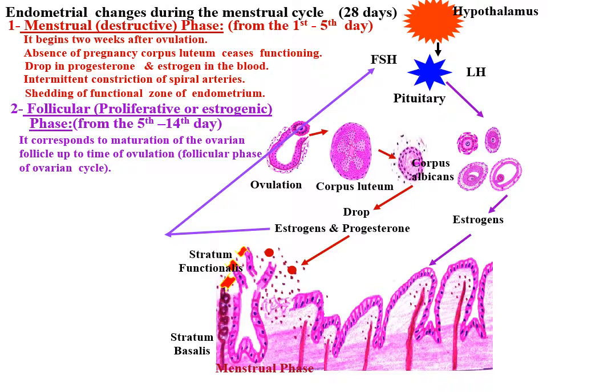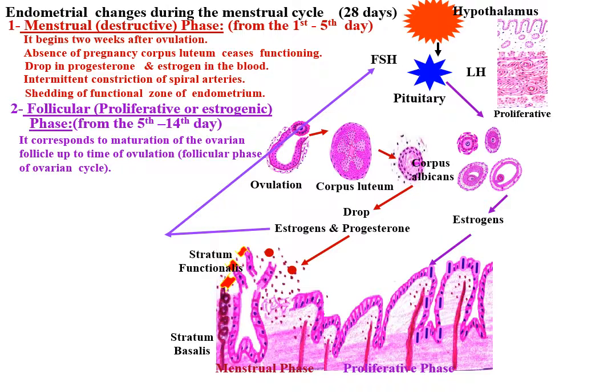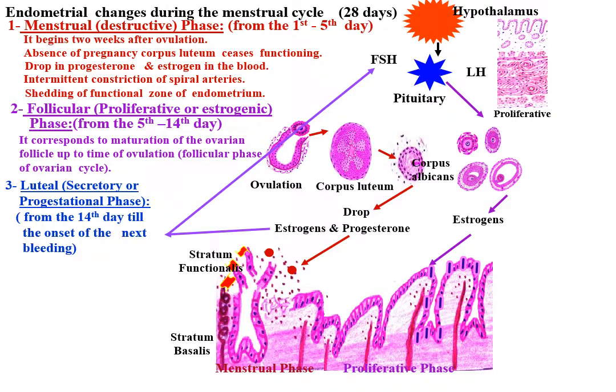The cells in the bases of the glands proliferate extensively and constitute both the gland and the surface epithelial lining of the endometrium.